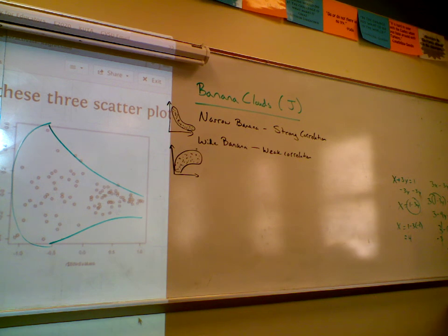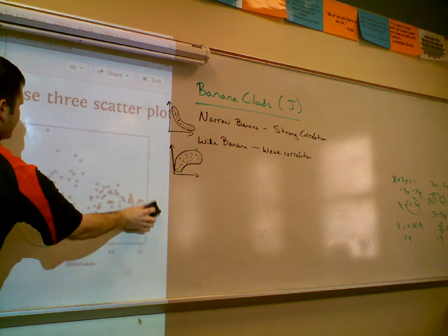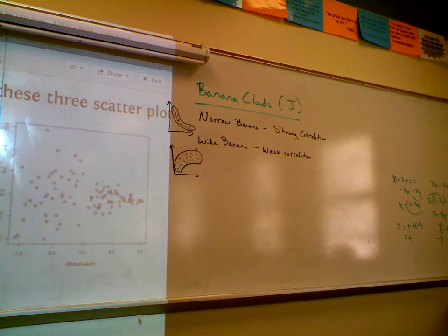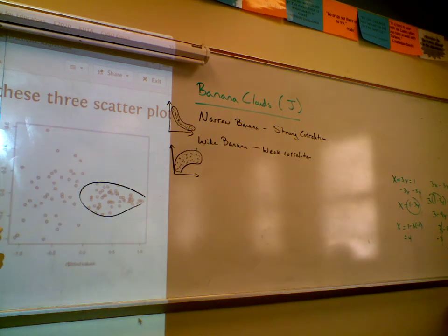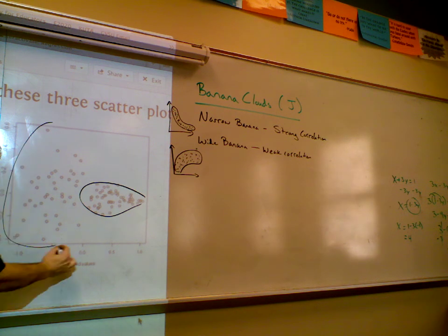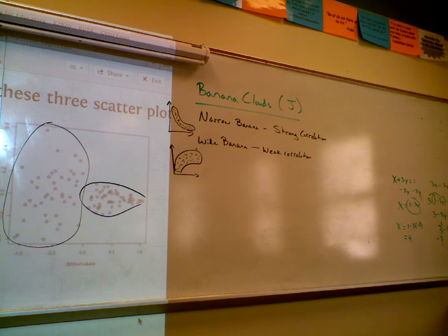Well, let's look at this kind of piecewise. I know we talked about this a little bit earlier. If I just look over here, I kind of have a narrow banana or a narrow oval, whichever you want to call it, right? If I look over here, I have a wider oval, wider banana, right?